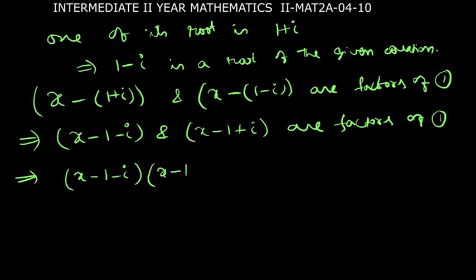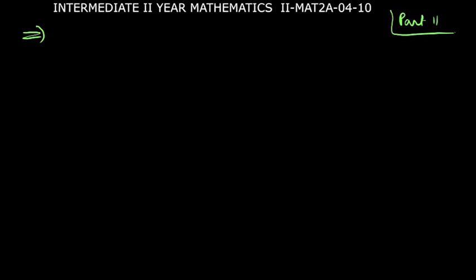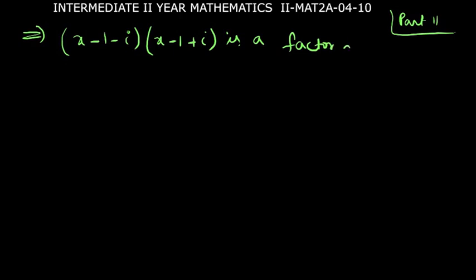If these two are factors, this implies x minus 1 minus i into x minus 1 plus i, the product of the factors, is also a factor of 1.